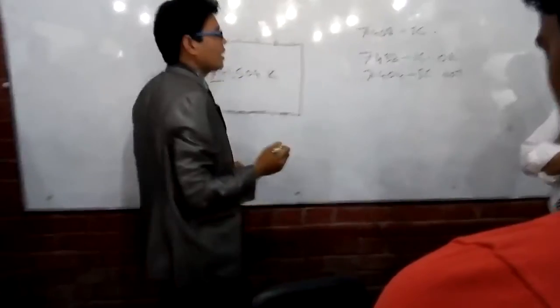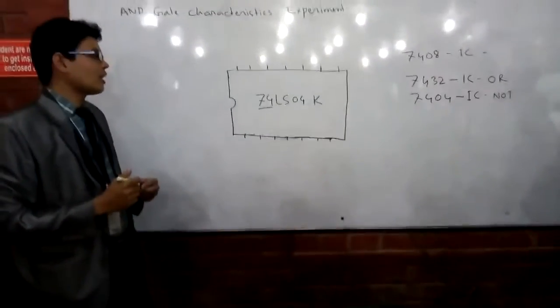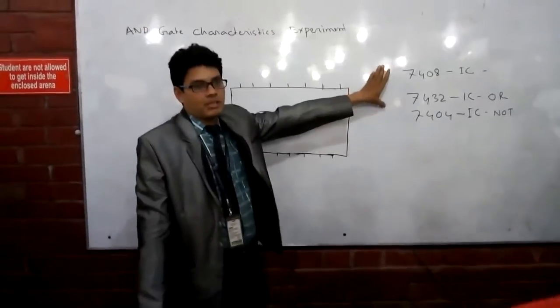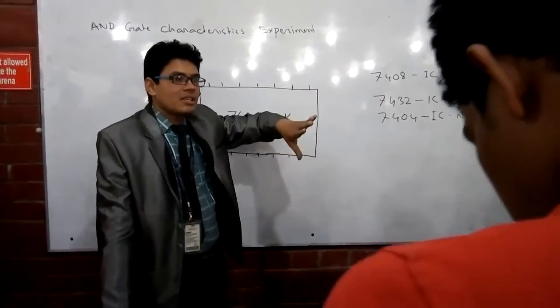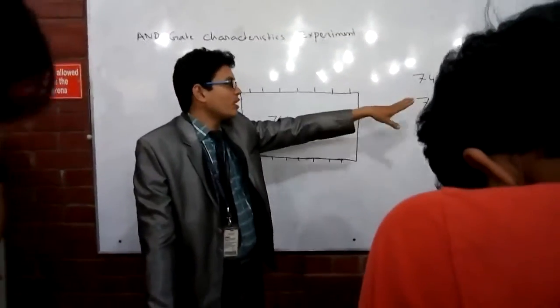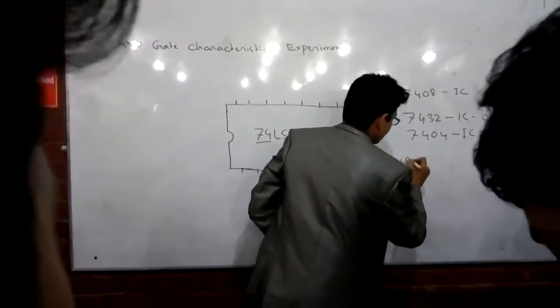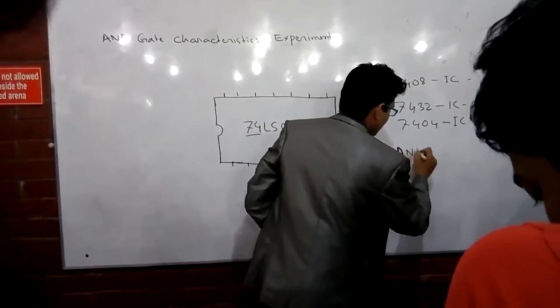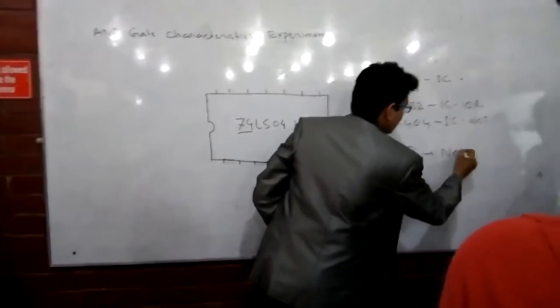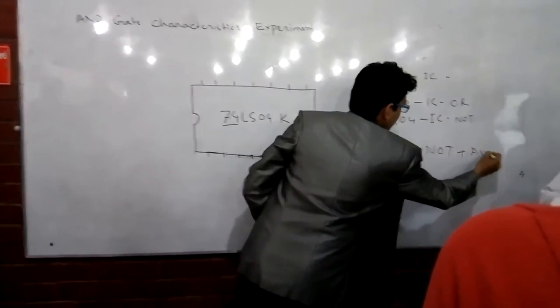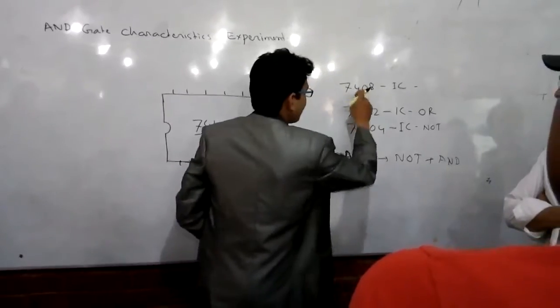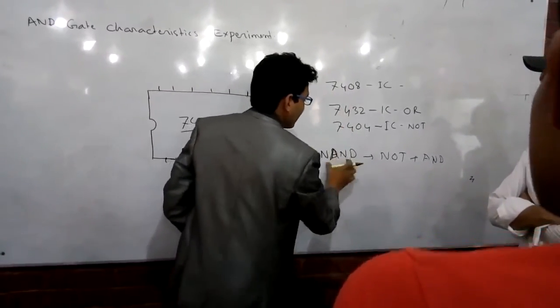So we will exactly learn about these 3 basic ICs, because this is a digital system. Think about NAND: NAND means NOT plus AND. If you combine AND and NOT, you will find NAND.